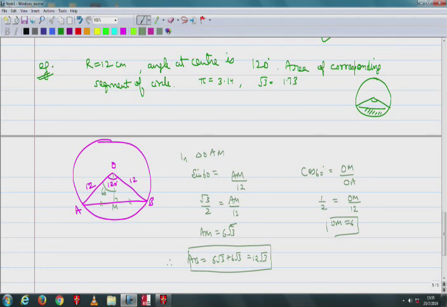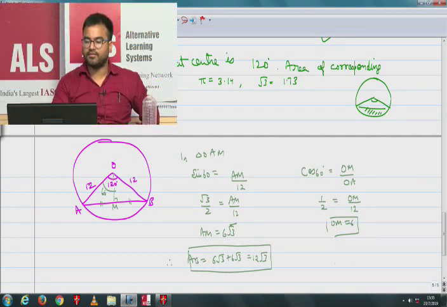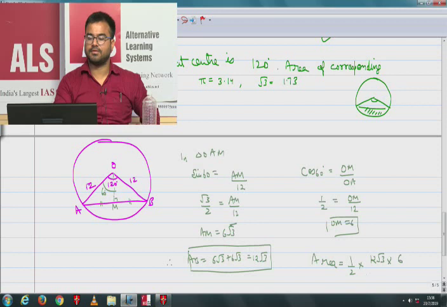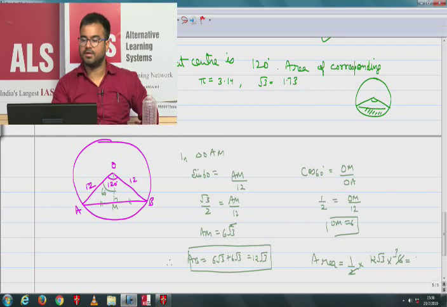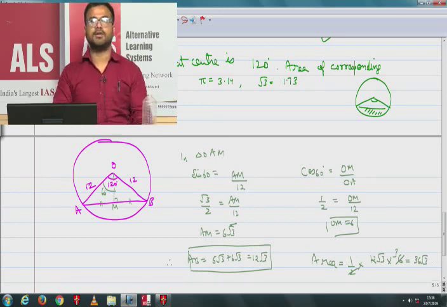So the complete base of the triangle is 12 root 3, and the height of the triangle OM is 6. So you can find the area of the triangle, half into base into height. So this is finally going to be 36 root 3, that is the area for the triangle only.